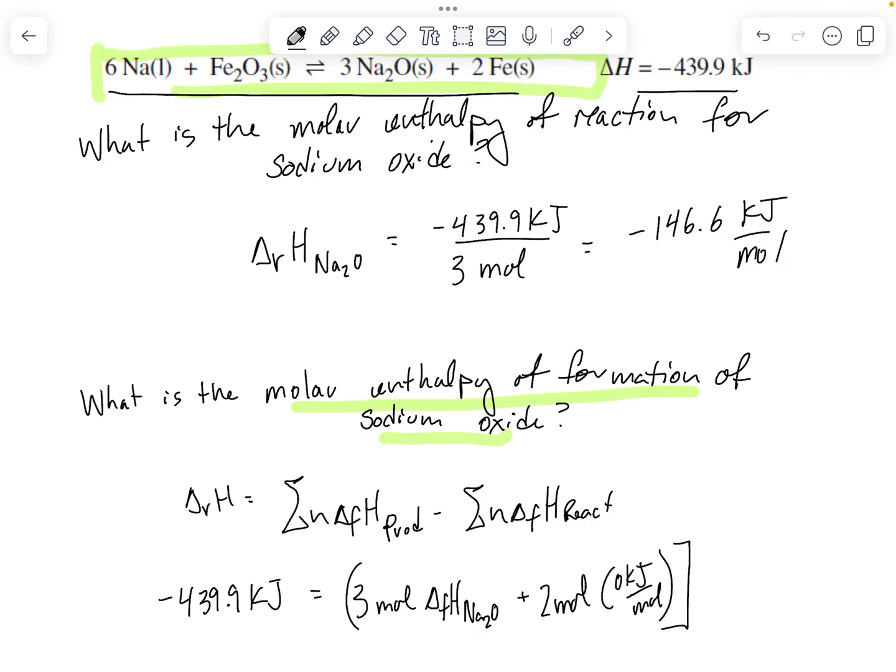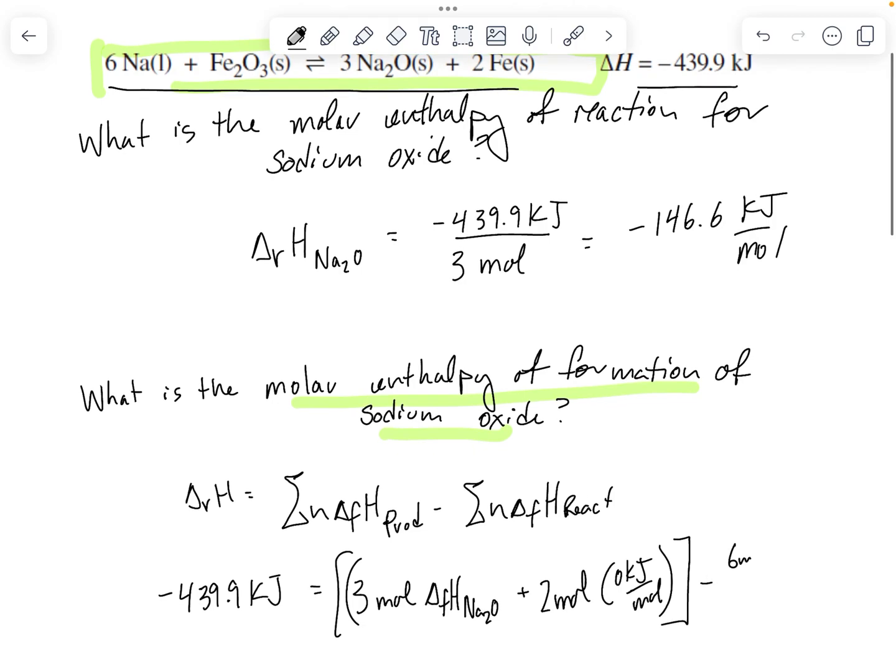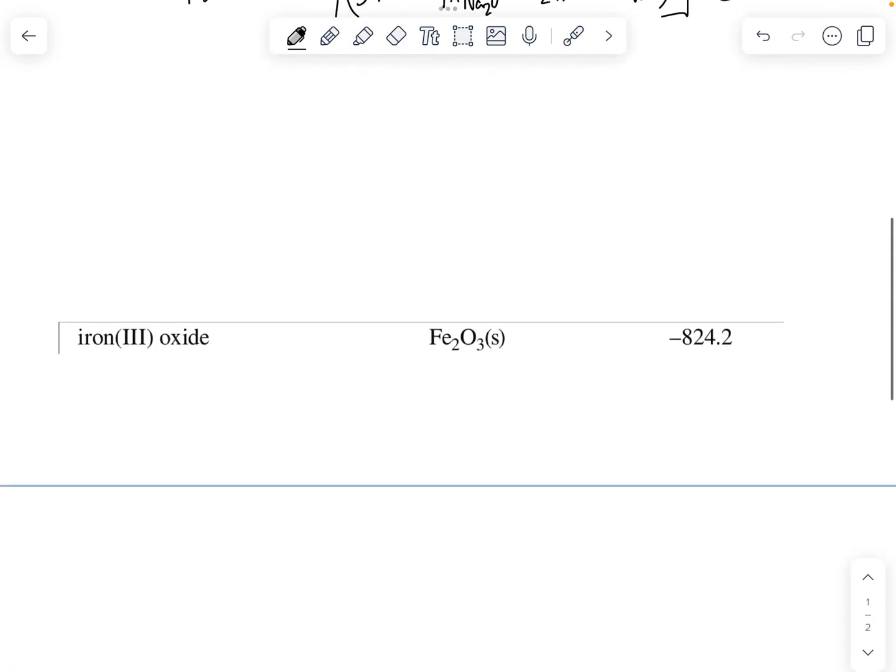And then I'm going to subtract 6 mole of sodium times 0 kilojoule per mole, because sodium is again an element, plus 1 mole times the formation enthalpy of iron(III) oxide. And I can get that value from my data booklet.